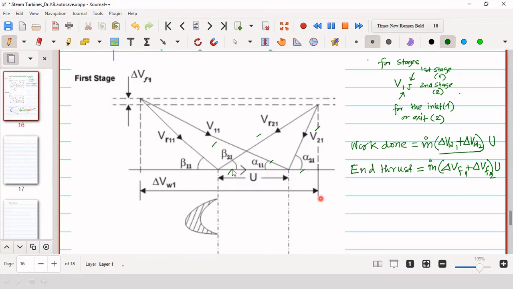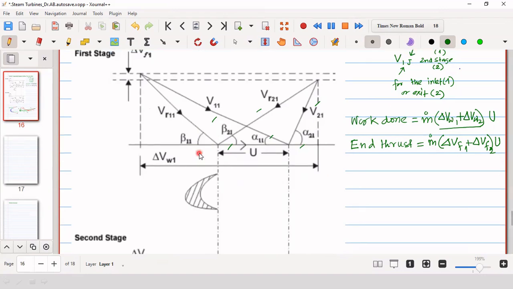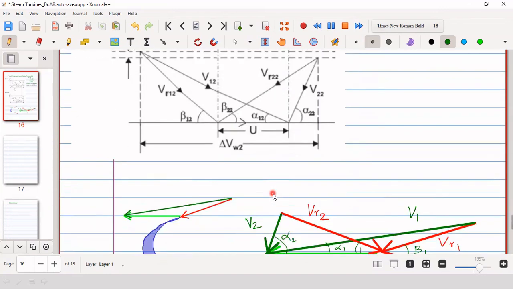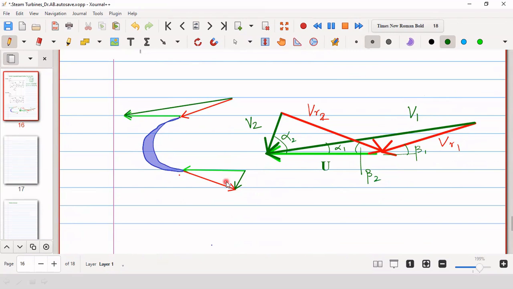So just let me explain one for that one blade. Try to understand that. Say for example, what is the axial component of that velocity? That it is going. So this one.